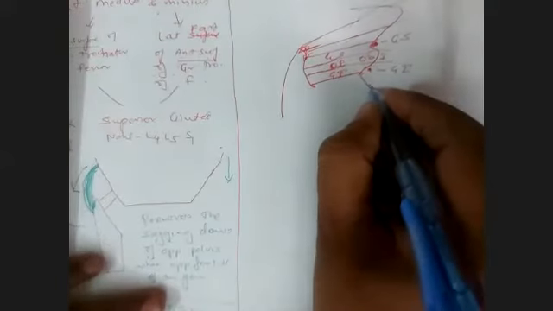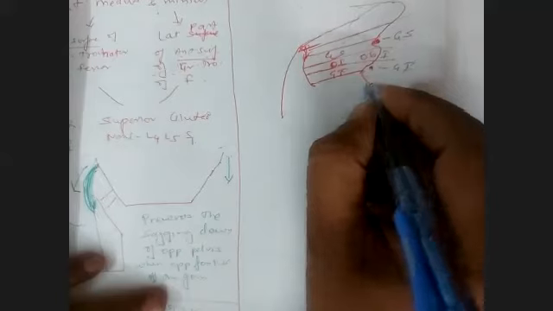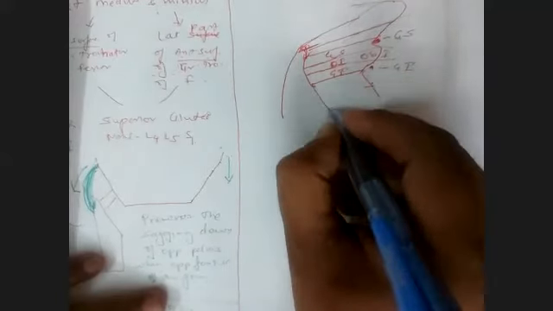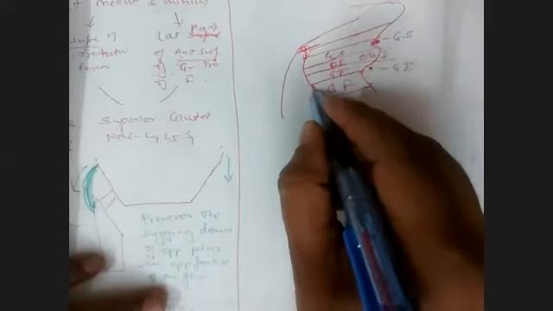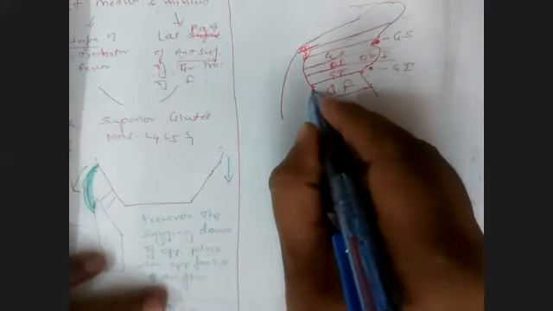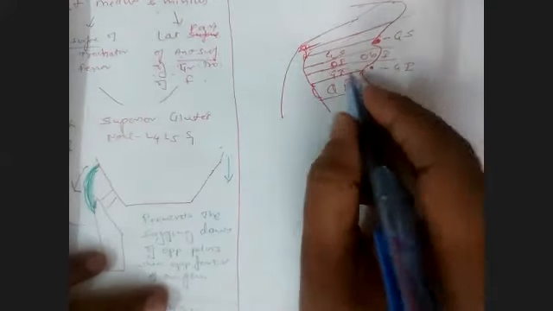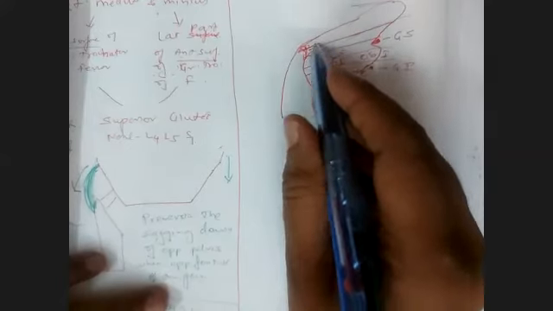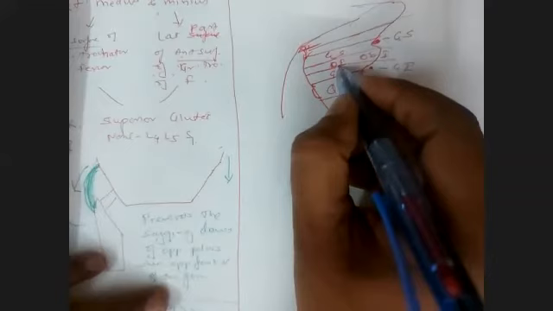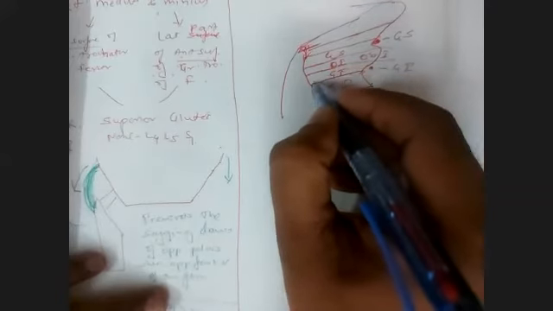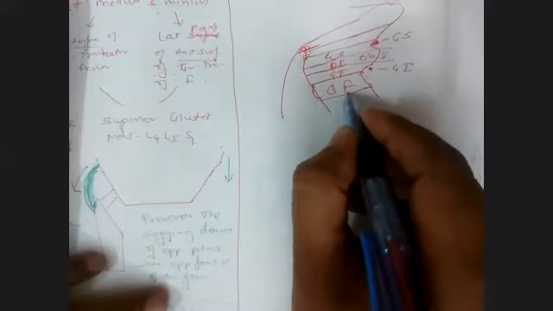It also gets inserted into the trochanteric fossa on the medial side of the greater trochanter. So piriformis is on the tip of the greater trochanter; superior gemellus, obturator internus, and gemellus inferior are on the medial surface of the greater trochanter; and quadratus femoris is on the trochanteric fossa.